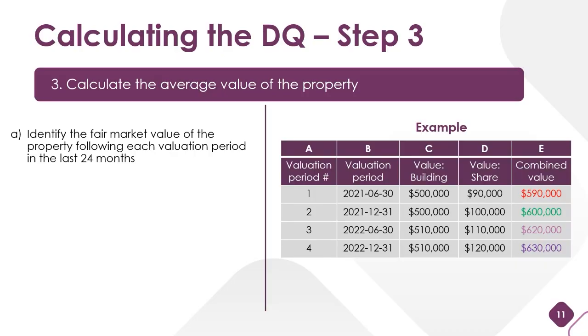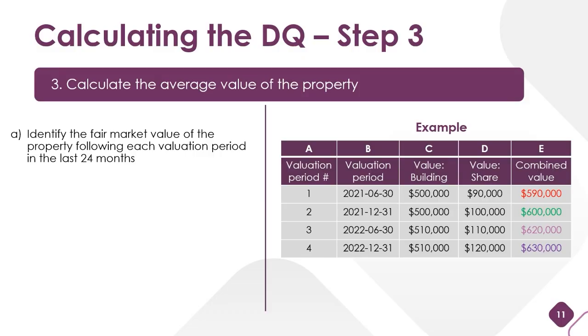We then move on to column C, which shows the value of the building following each valuation period, and column D, which shows the value of the share following each valuation period. We add the values in column C and column D to get the combined value in column E.